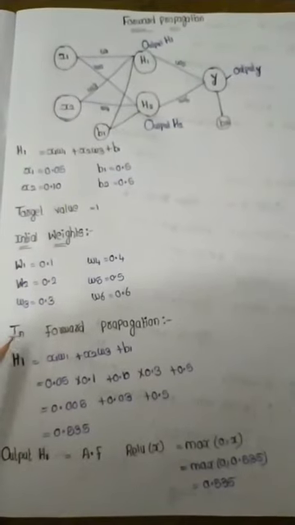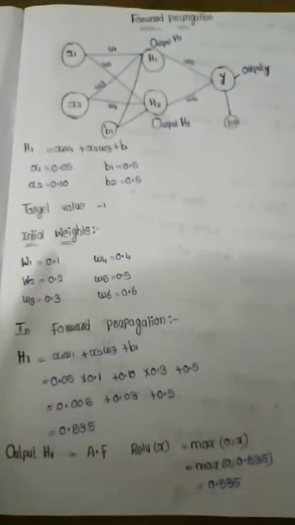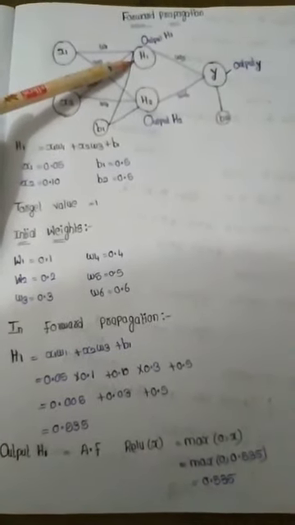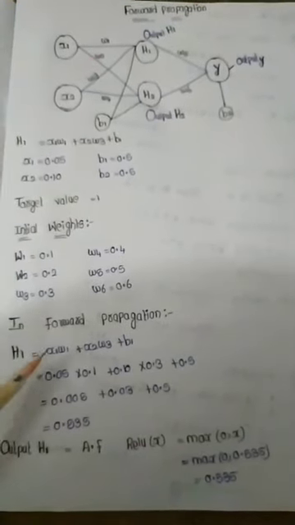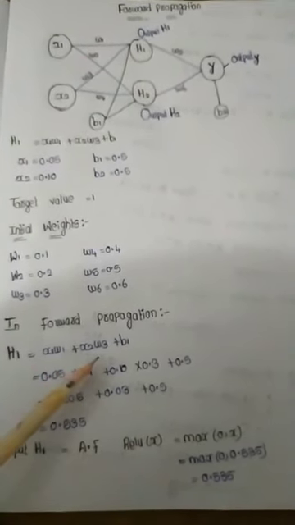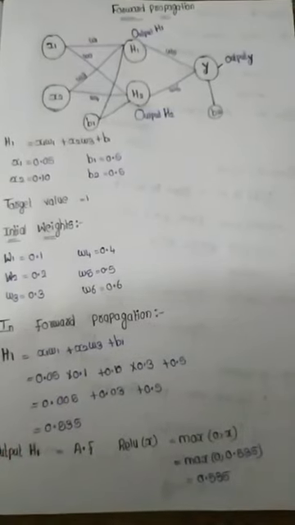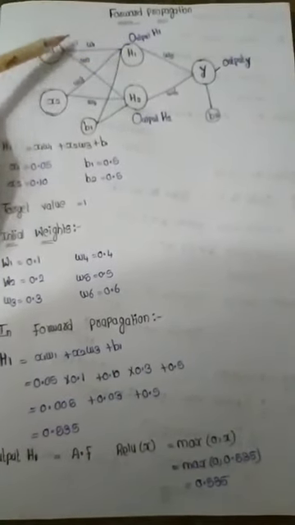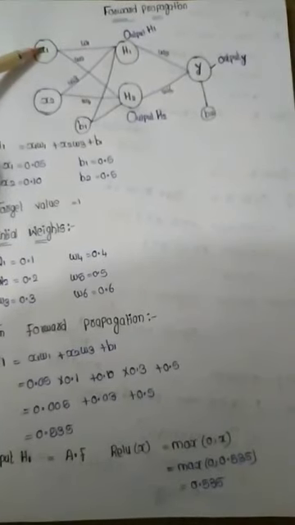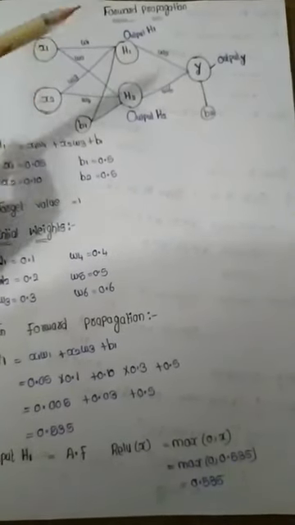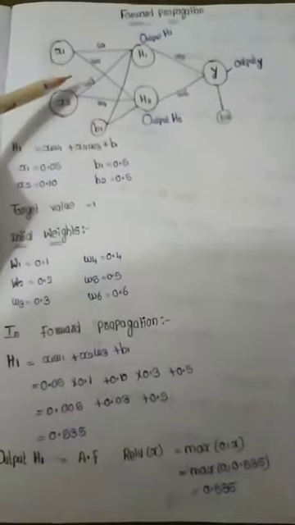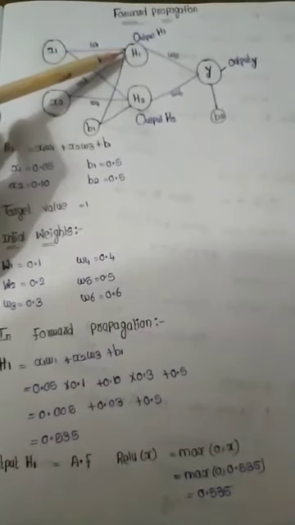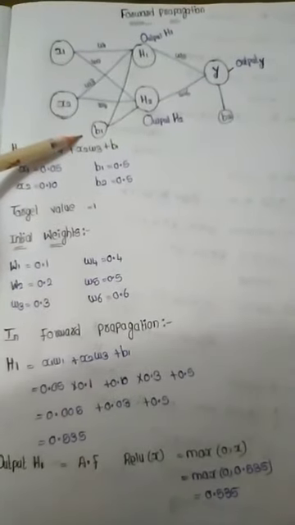Now we can see in forward propagation, h1 is equal to x1 w1 plus x2 w3 plus bias b1. So here you can see the input x1 having weight w1 and the input x2 having weight w3 are connected to h1 with bias b1.